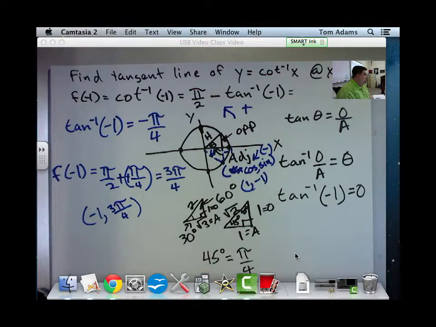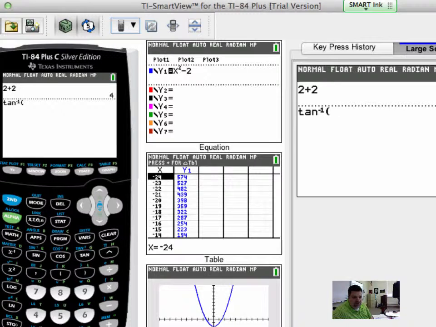No? You got the 3 pi over 4. You could also plug it in your calculator and get the same thing. Enter in -1, hit enter. It's going to spit that out.